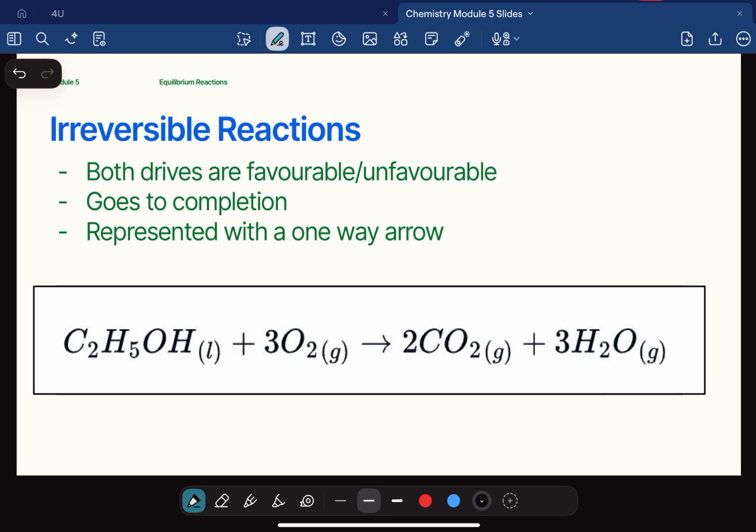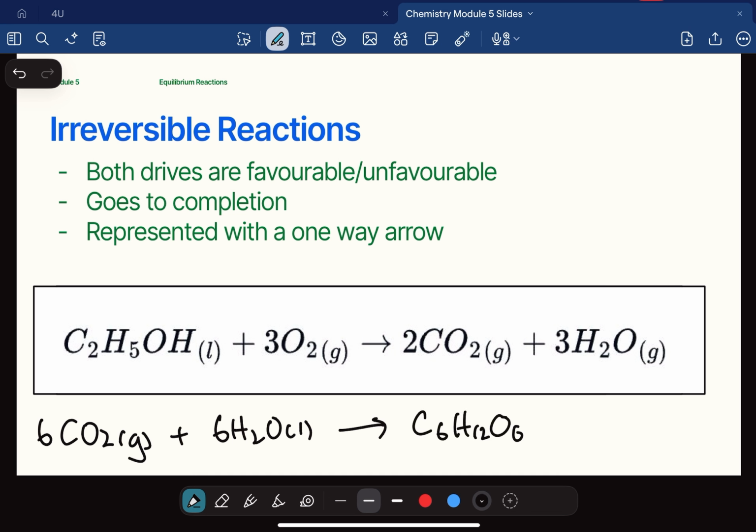The reverse example is if both drivers are unfavorable. Say photosynthesis, so you have CO2 and water transforming into glucose. You can see the entropy drive is negative because there's liquid and gas on this side, and this side's converted to solid.